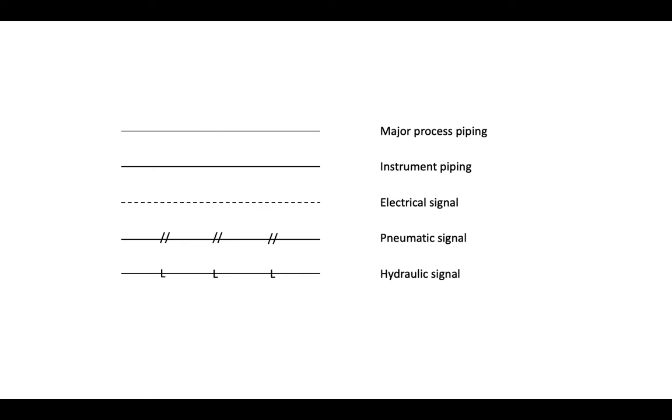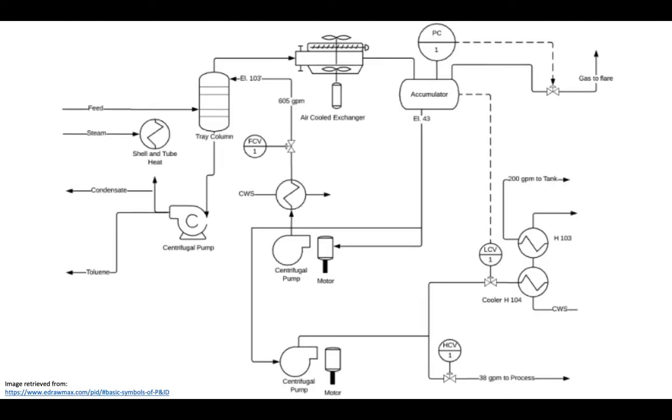Also, the electrical signal can be represented, and it is represented by a dotted line. And both pneumatic and hydraulic signals can also be represented in P&IDs. Equipment like pumps, heat exchangers, and valves are represented in P&IDs, just to mention some.